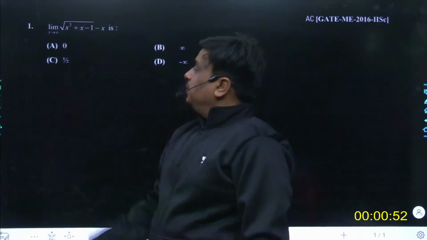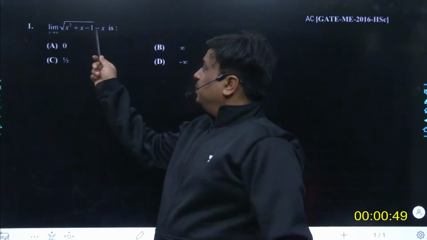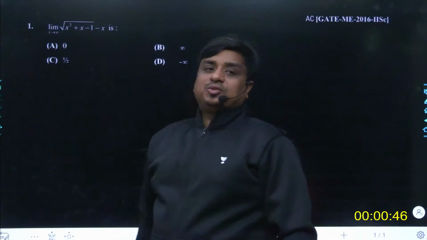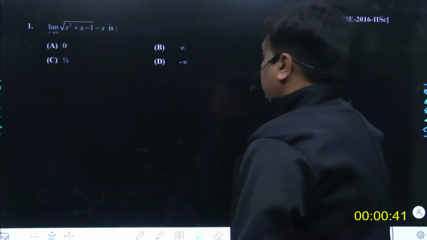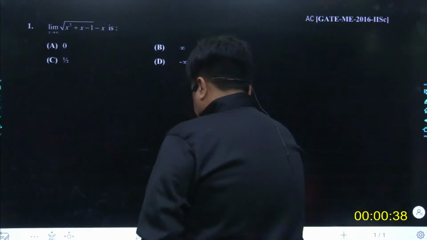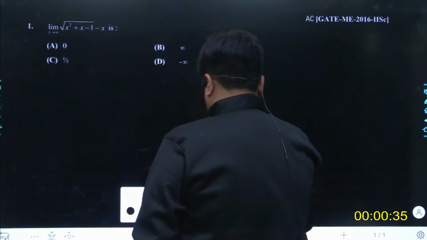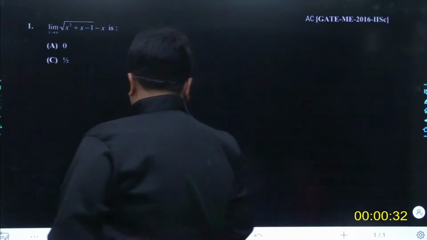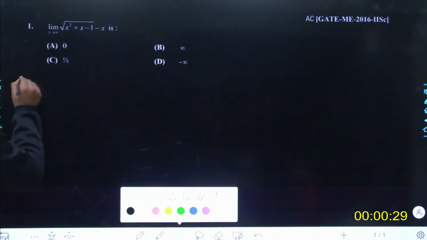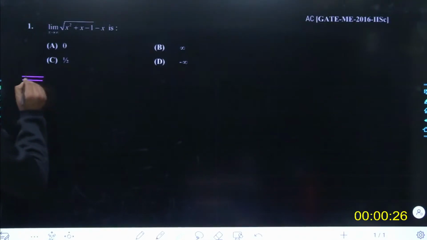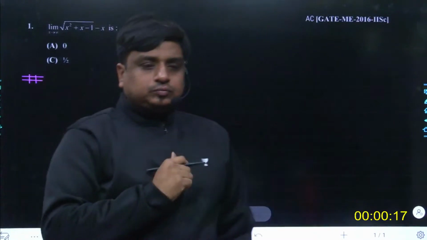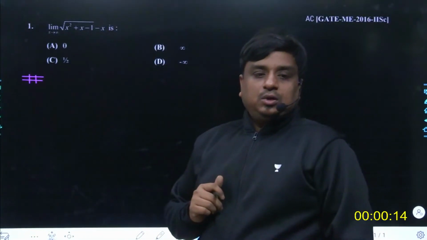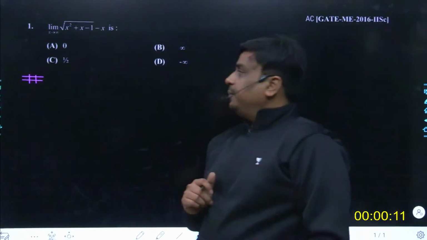Limit x tends to infinity, root over of x square plus x minus 1, and this minus x is outside the square root. Read it carefully and tell me what could be the best answer.